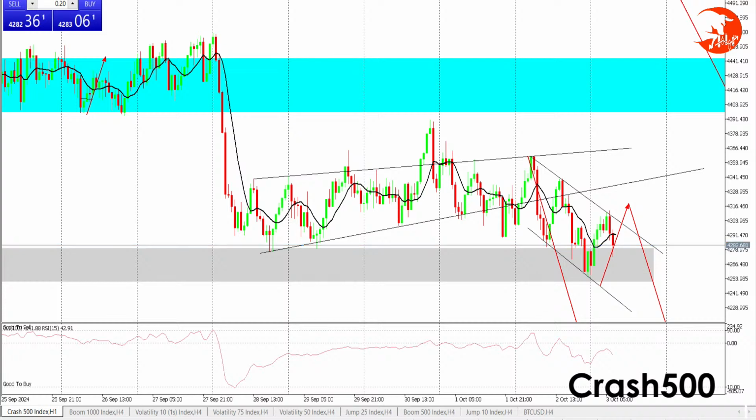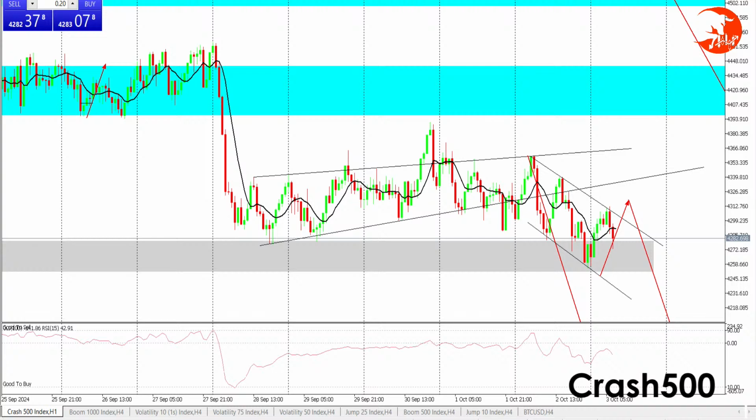sort of a channel. This is a channel, it's not even a what. Probably if I draw it like this, yes, that's a low, fake breakout, then get back in. So this is a channel right here where we are right now.